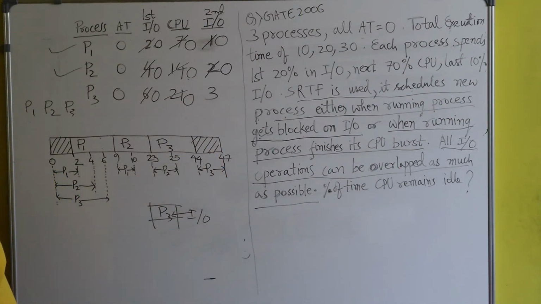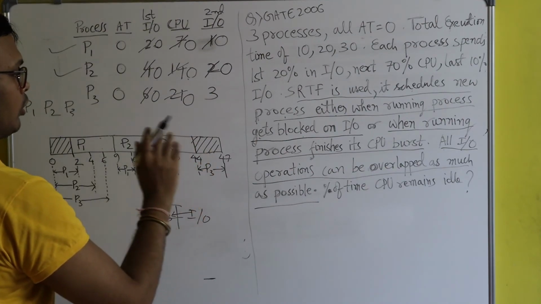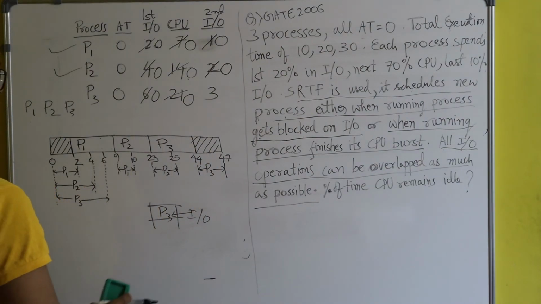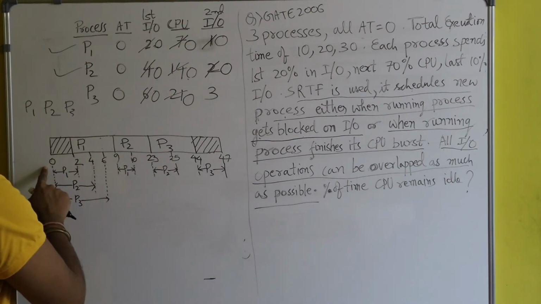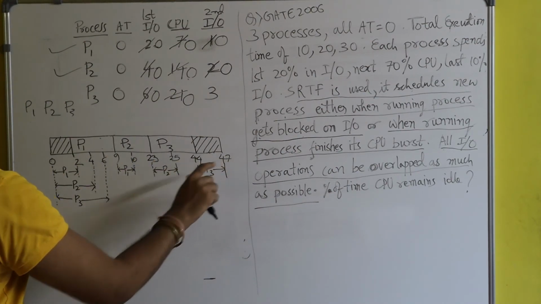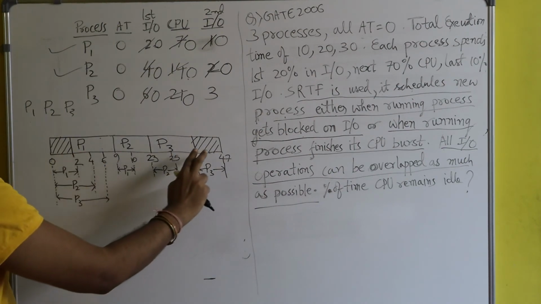So in order to find the percentage of CPU idle time, what will we do? Out of 47 seconds, you see here 2 seconds and here 3 seconds.